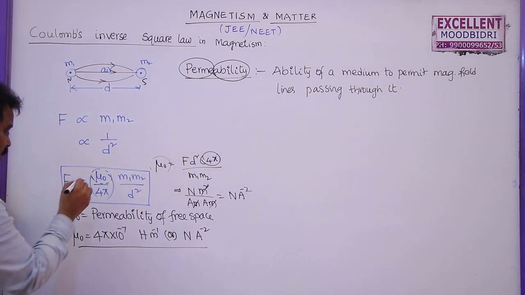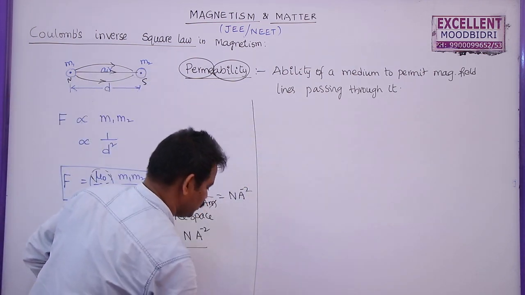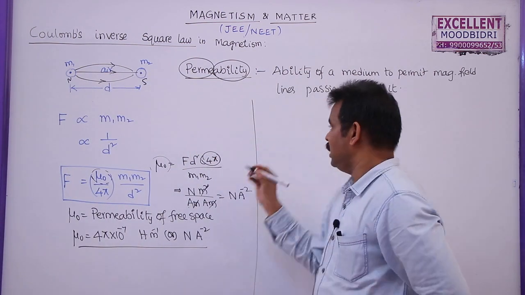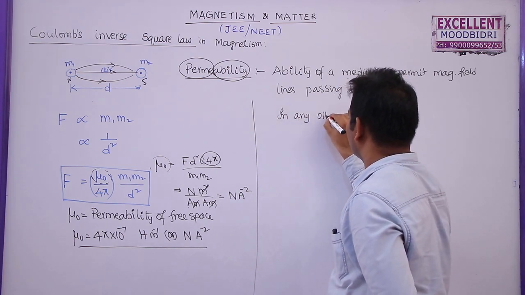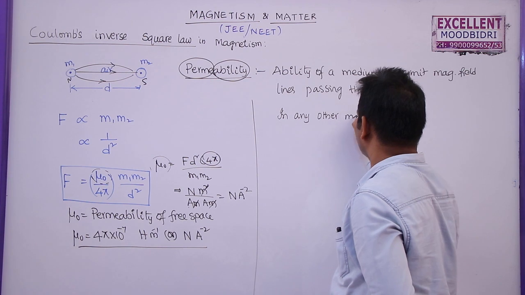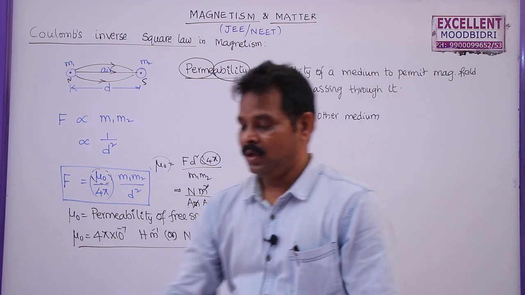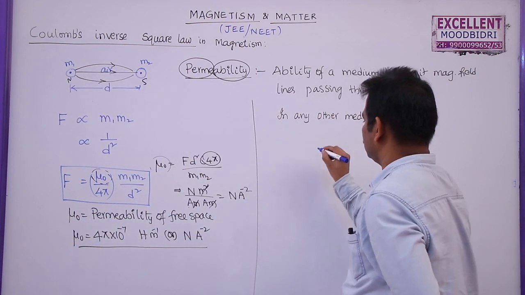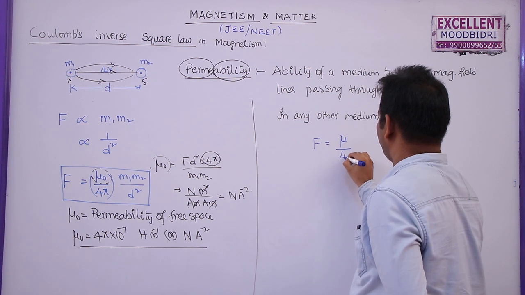Now, instead of air, let us say these two poles are placed in any other medium. In any other medium, the force of attraction or repulsion between two poles is given by F is equal to mu by 4 pi.